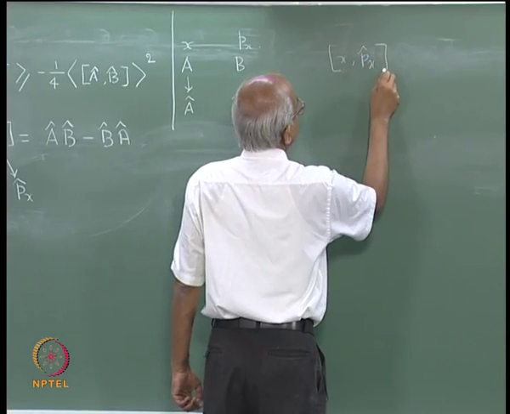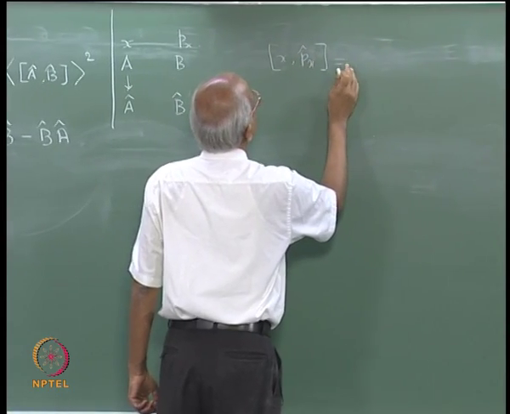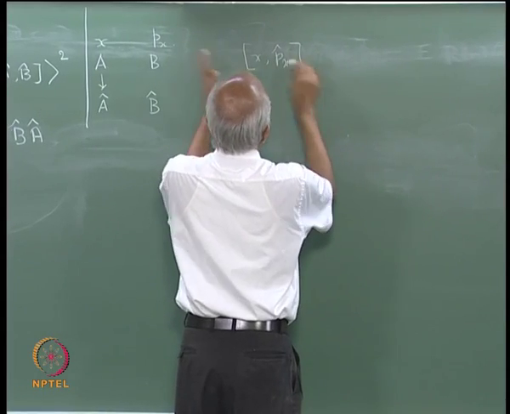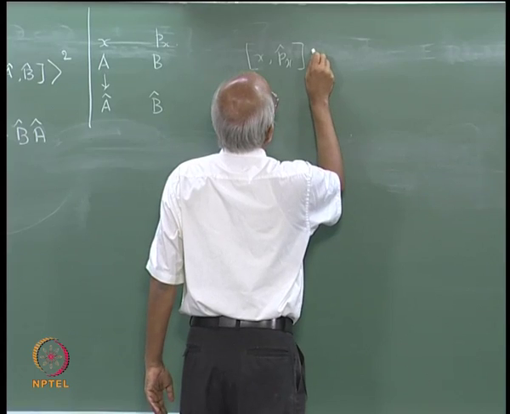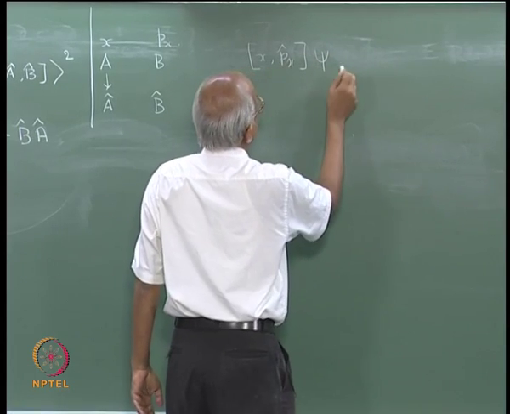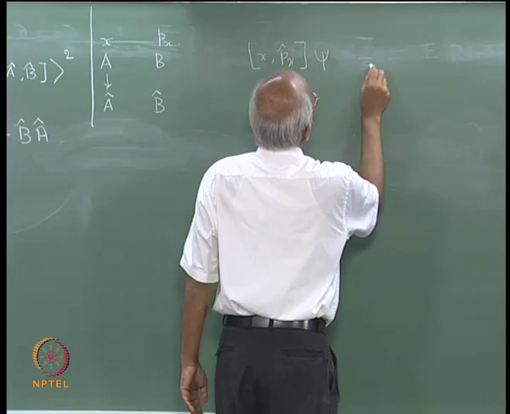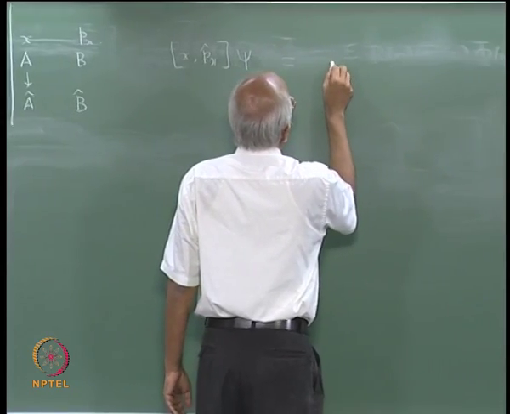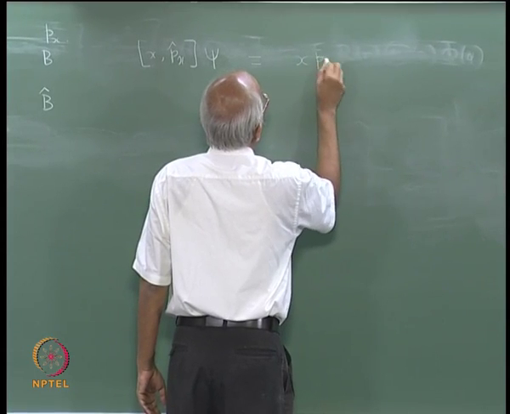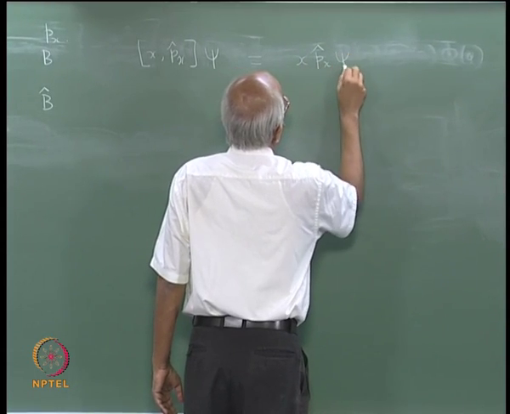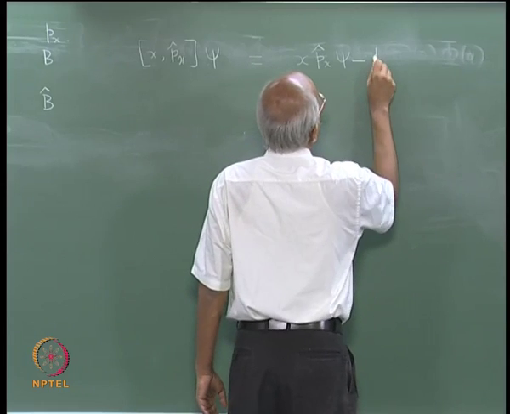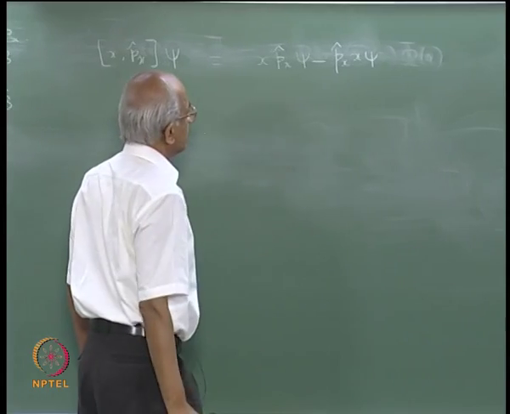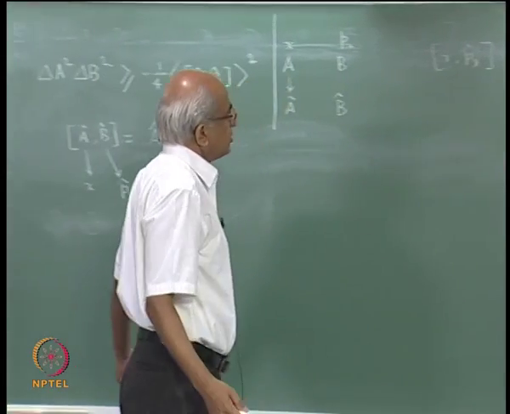So, by definition it is actually going to be, well these are operators. So, therefore, what I will have is I will also have a psi on which the operators will operate. Psi could be any function. So, the definition of that is actually x Px operating upon psi minus Px x operating upon psi. And the question is, what is this?